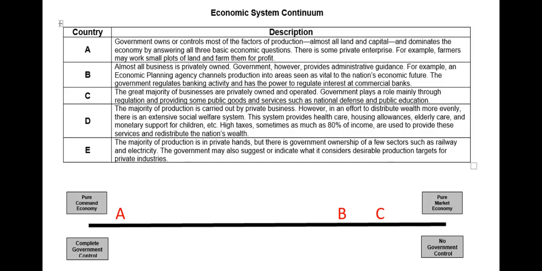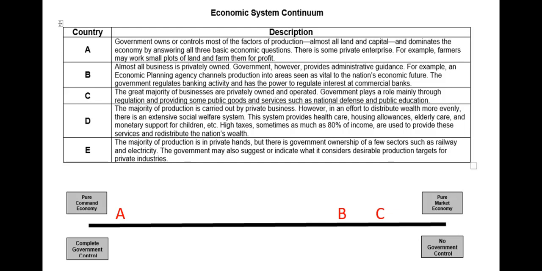Country D: the majority of production is carried out by private business. However, in an effort to distribute wealth more evenly, there is an extensive social welfare system. This system provides healthcare, housing allowances, elderly care, and monetary support for children, etc. High taxes, sometimes as much as 80% of income, are used to provide these services and redistribute the nation's wealth.